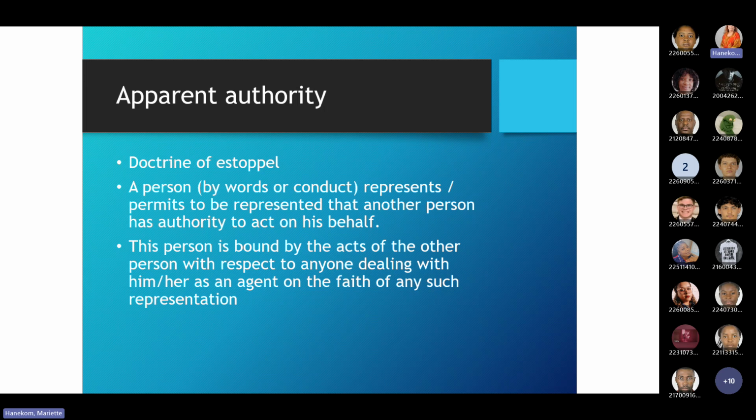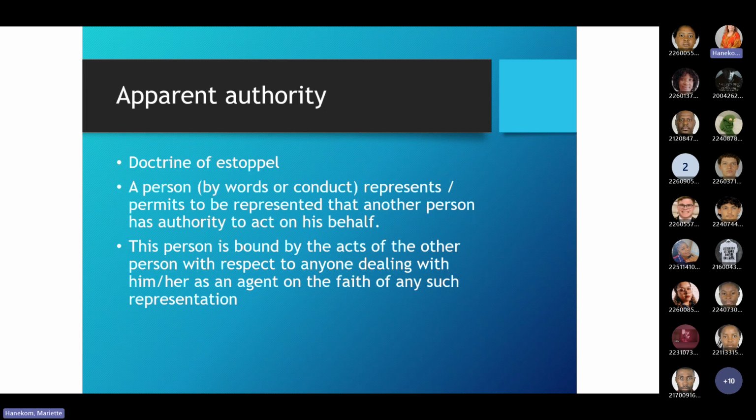What is apparent authority? That is a situation where one person has represented, has created the impression that another person has authority to act on their behalf by, over a period of time, always paying what you bought. I created the impression that you had authority to do this.